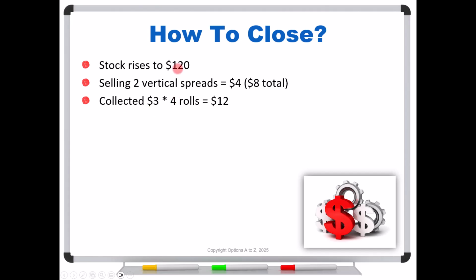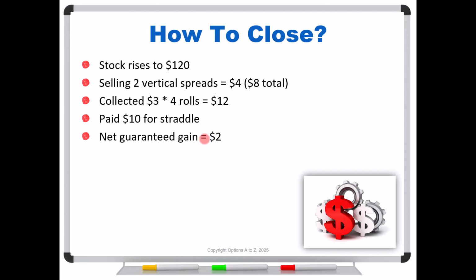Going from 100 to 105 is one roll, to 110 is a second, to 115 is a third, to 120 is a fourth. Those are 4 different rolls where we, on a net basis, shifted by $3, as we just saw. So we've collected $12, but we paid $10 for the straddle. So we have a net guaranteed gain of 2.